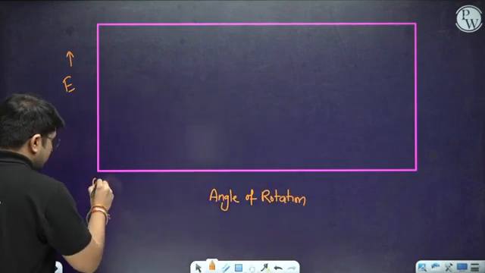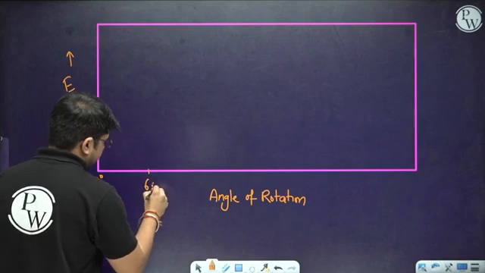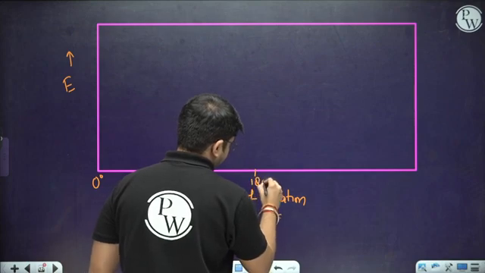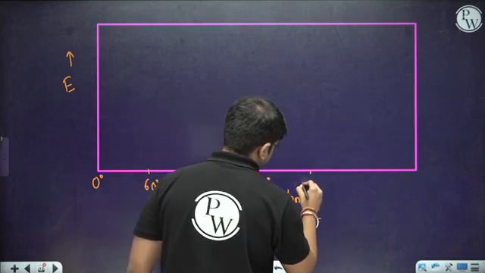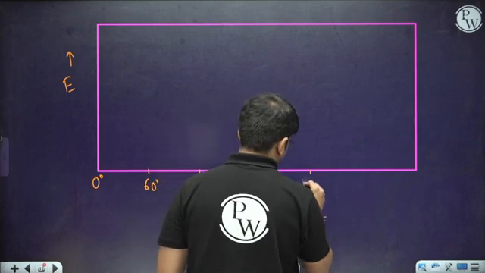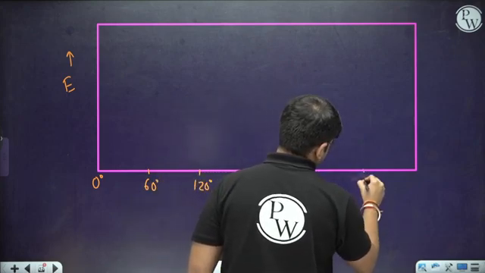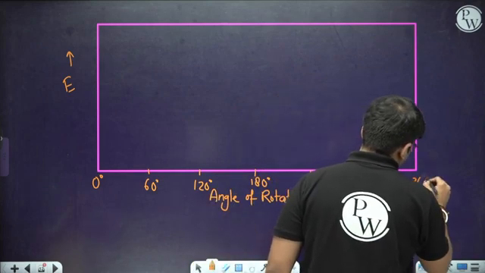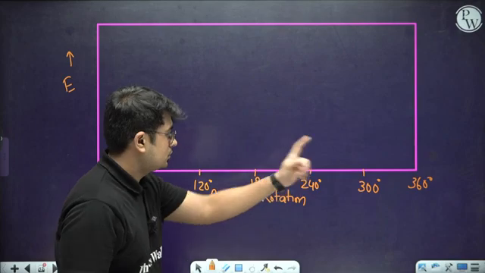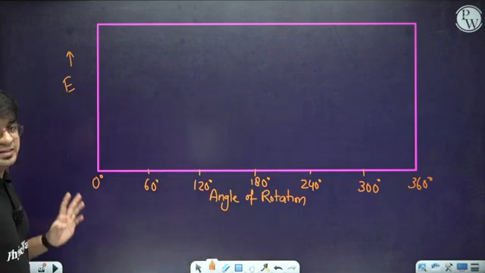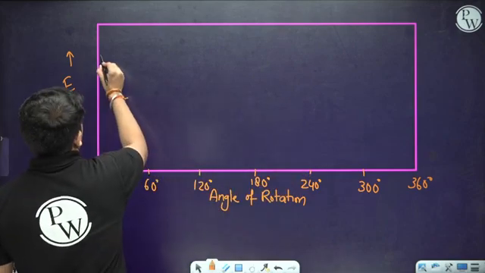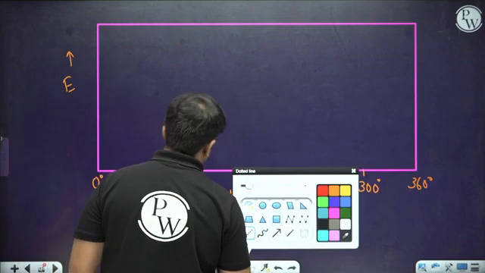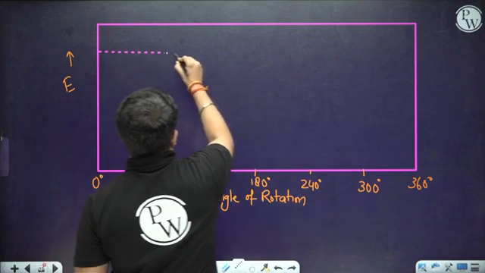I am going to start with 0 degree, then we have 60 degree, then 120 degree, then 180 degree, then 240 degree, then 300 degree, then 360 degree. Yes, so that is the basic analysis. Let's say this is the energy. Let's say this is the axis for maximum energy.